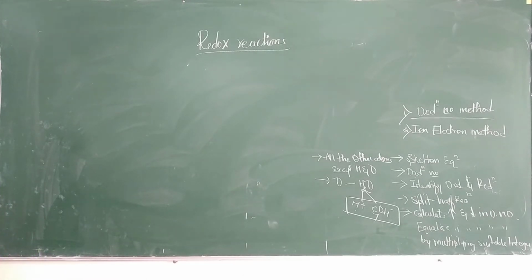So we have solved one equation where dichromate ion was reacting with ferrous ion, where ferrous changes to ferric, and dichromate ion forms a chromium ion. And the second one, which I gave you as homework, have you solved it?